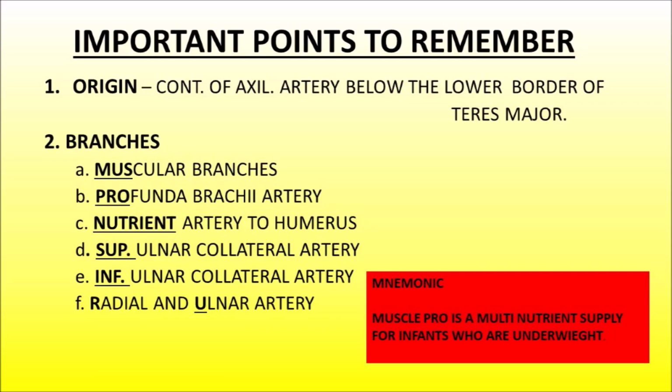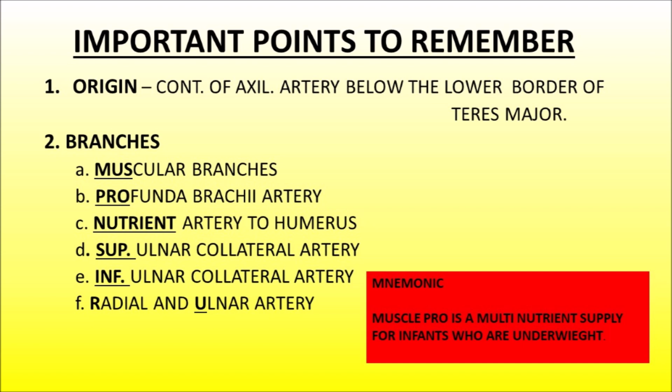Now I'll be summarizing the most important points to be remembered under brachial artery that come under its origin and branches. Brachial artery is a continuation of axillary artery below the lower border of teres major. Now let us move on to the branches.